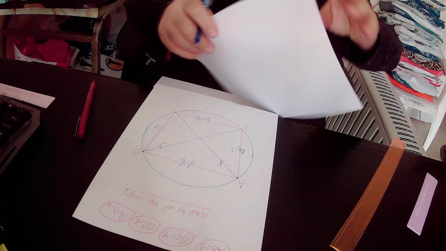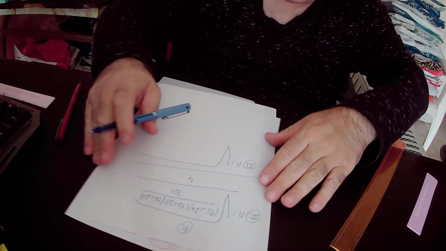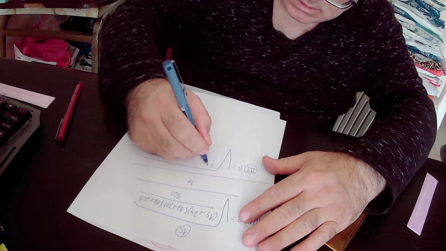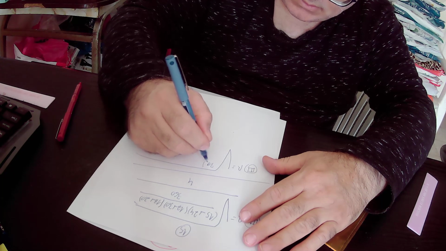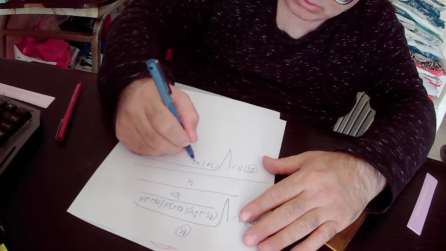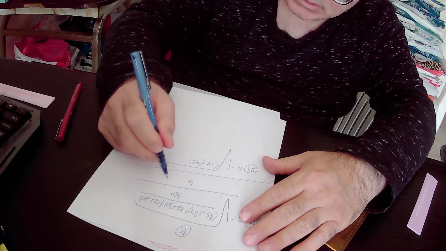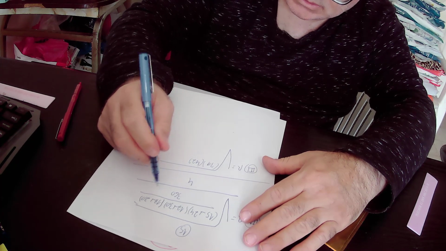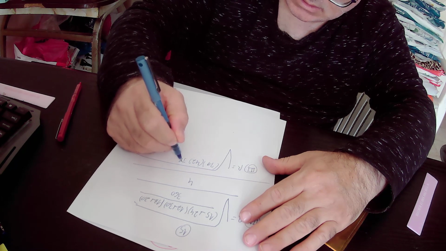So here 15 plus 24 is 39. 12 plus 30 is 42. And 18 plus 20 is 38.